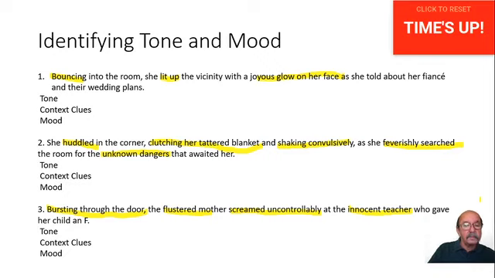So, what is the tone of the writer here? What would you say is the tone? What is the writer trying to show here? Sympathy for the mother? Or do you think there's a certain amount of humor here?